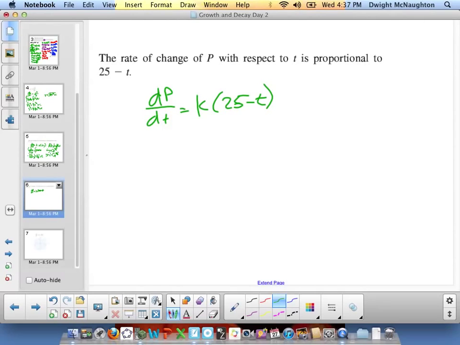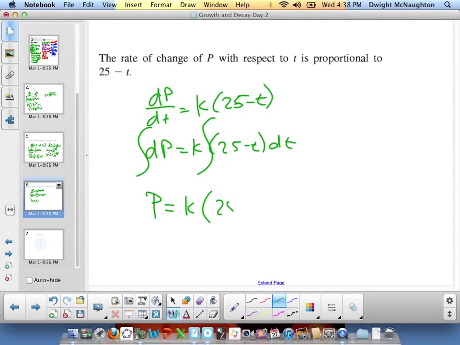There's no p variable, so you can just separate, move the dt over, k times 25 minus t dt, and integrate. Integrate dp, we get p equals k times 25t minus 1/2 t squared plus a constant. There we got it. Distribute k if you want to or not. Does not matter.